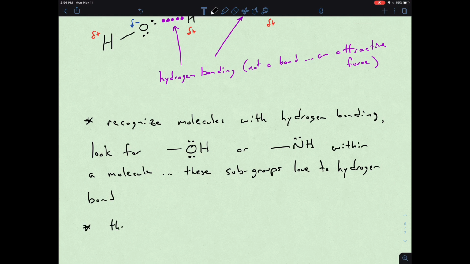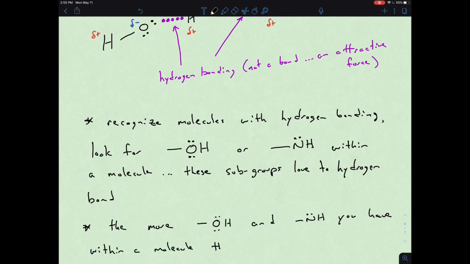Also, the more OH and NH you have within a molecule, the stronger the hydrogen bonding forces.